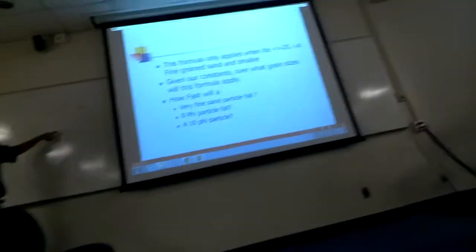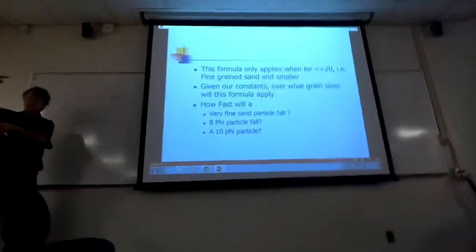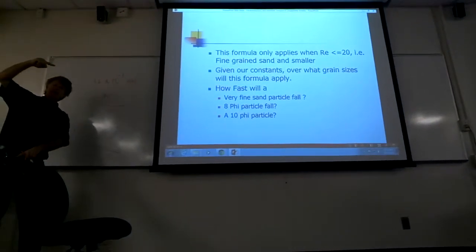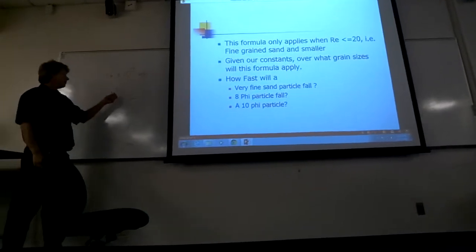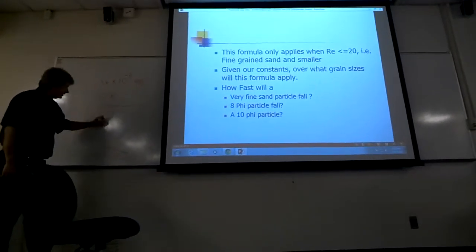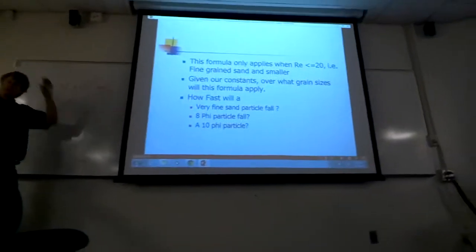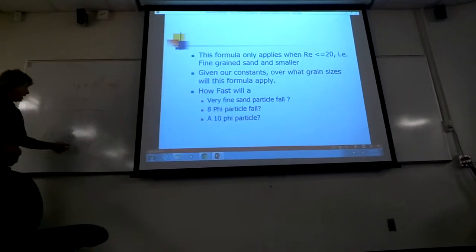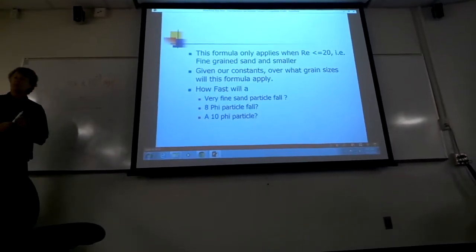No, in 30 seconds, it's gone 34 centimeters. And in 90 seconds, it's gone a meter. So about a minute and a half for the finest sand to fall through a meter of water. So it doesn't take a whole lot of turbulence to keep the finest sand in suspension in the water.